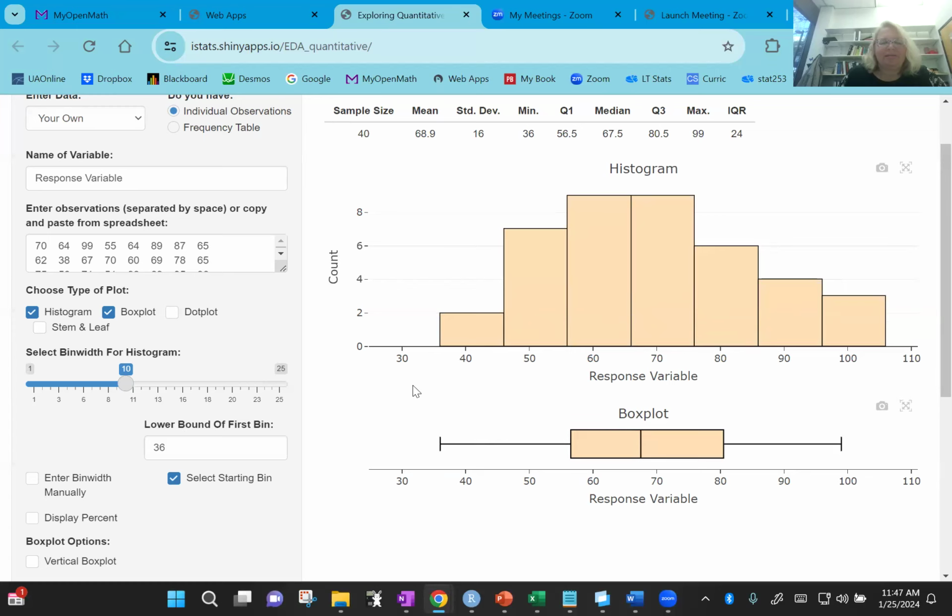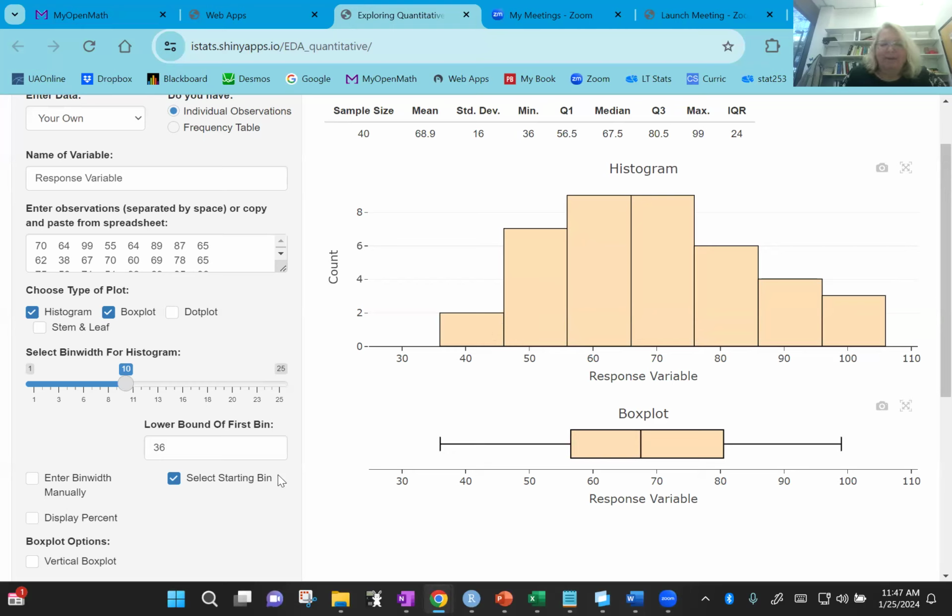But look, each one of these, this one goes from 36 up to 45. This one goes 46 to 55, 56 to 65. And you can see how each one of these is starting on the 6 of the next one. And they're going up to, but not including that 46.